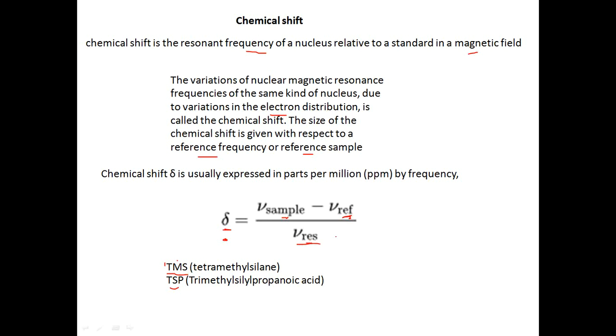If it is a 600 megahertz instrument, then here it will be 600 megahertz. What you obtain here is frequency only in hertz, but the instrument frequency is in megahertz, right? And the chemical shift values are expressed in ppm, parts per million.